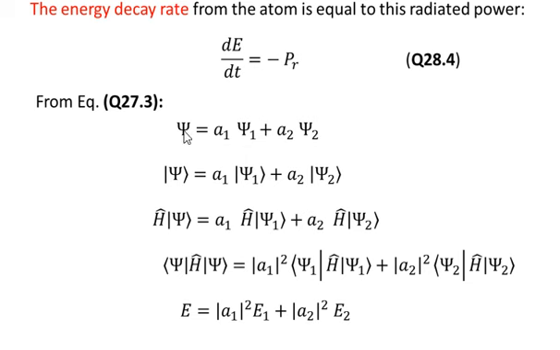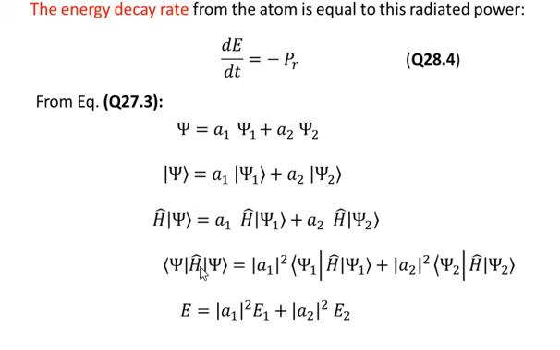So we have at the end, you see that bra and ket notation has been used, and then you notice that we have |A1|² over here and then |A2|² over here, because we have multiplied it with the bra vector of psi. So then you see that within the bracket we have psi, H bar operating on psi.